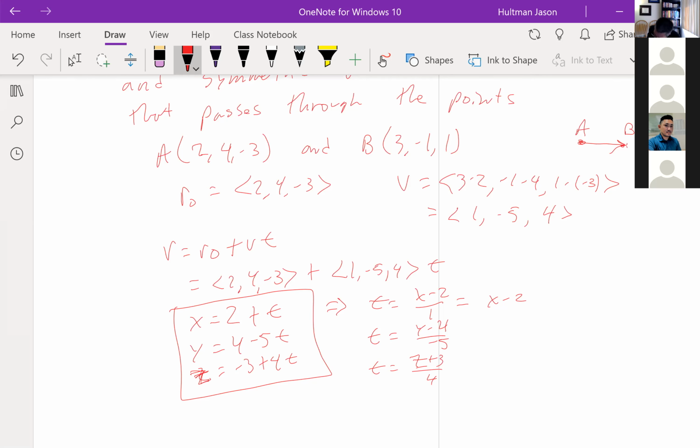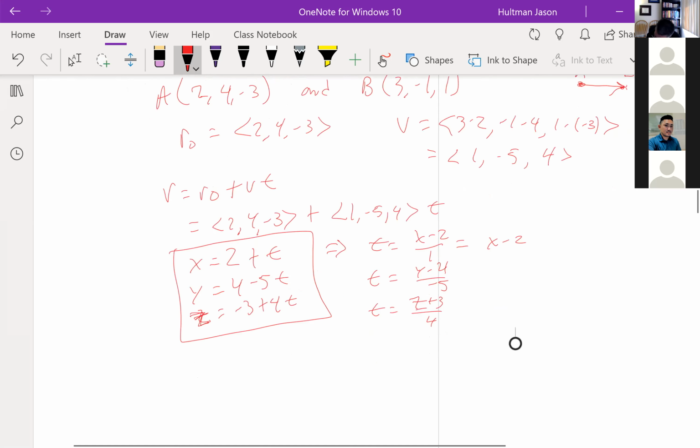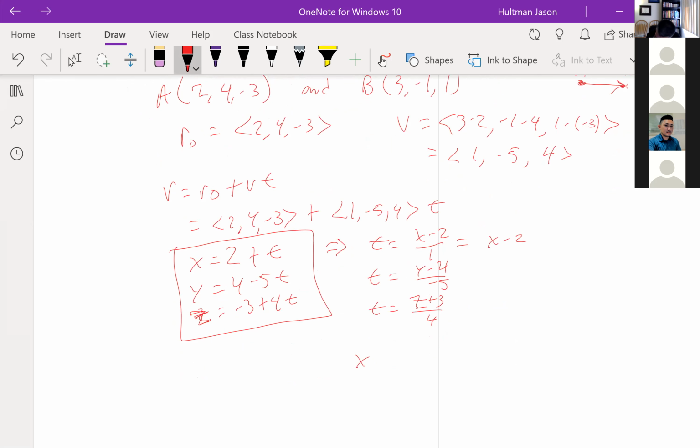Now I'm going to set all these equal to each other: x minus 2 equals (y minus 4) over negative 5, which equals (z plus 3) over 4.